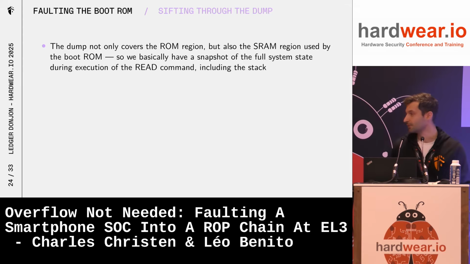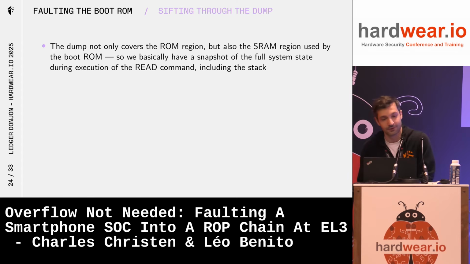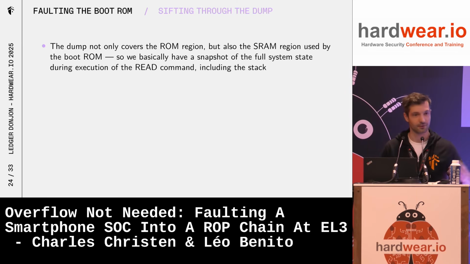And it's actually the full ROM region starting from 0 that we get. It also includes, quite funnily, the SRAM region that the bootROM uses during execution. So we really get a dump of the full snapshot of the full system state while we are executing the read command, including the stack. So, that's absolutely not the fault we were aiming for, but it's actually way better.